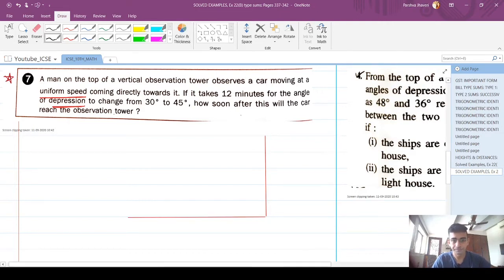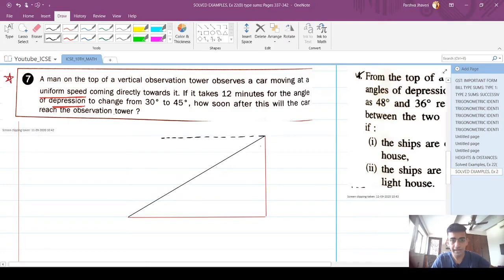Now, see, first, let's draw an imaginary dotted line, because this is angle of depression. Imaginary dotted line of the horizontal. They have said it takes 12 minutes for the angle of depression to change from 30 degrees to 45. So in the first case, 30 degrees was somewhere here, like this.